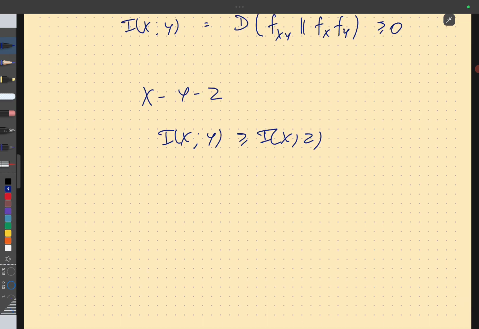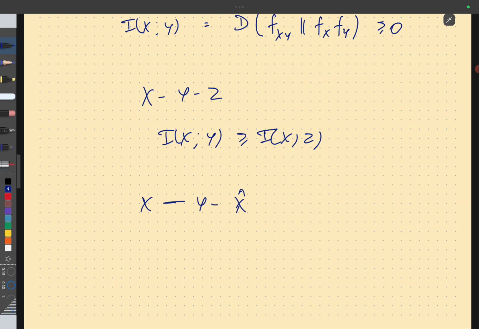Now, Fano's inequality, you have to keep in mind that you have random variables x, y, and x hat. When you say the probability of error is the probability that x hat is not equal to x, that makes sense only if x and x hat are discrete random variables.